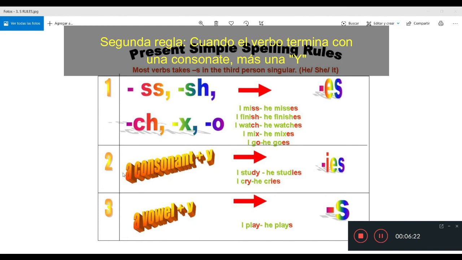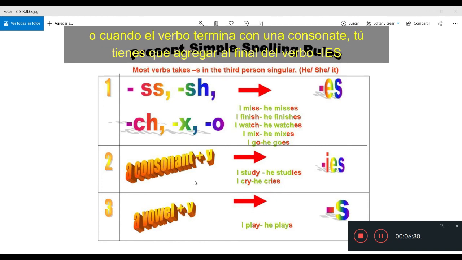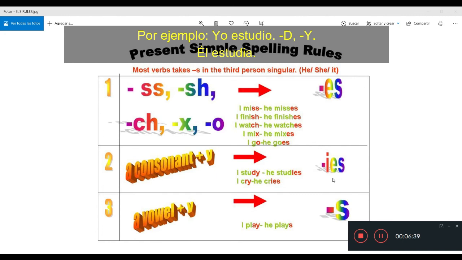Second rule, when the verb ends with a consonant plus a y, you have to add at the end of the verb ies. For example, I study, dy. He studies. I cry, ry. He cries.